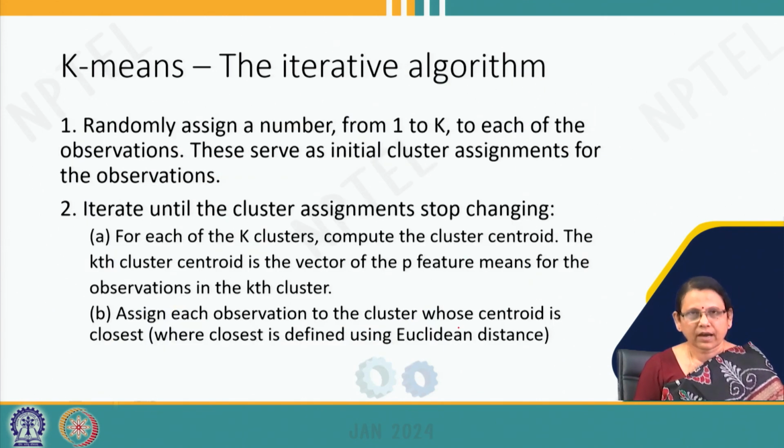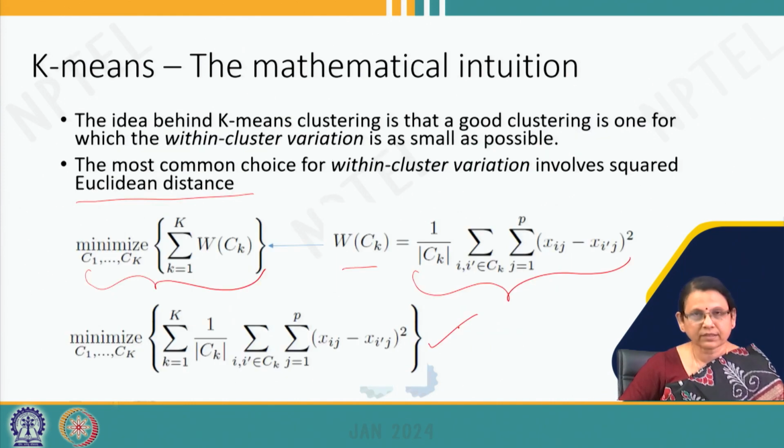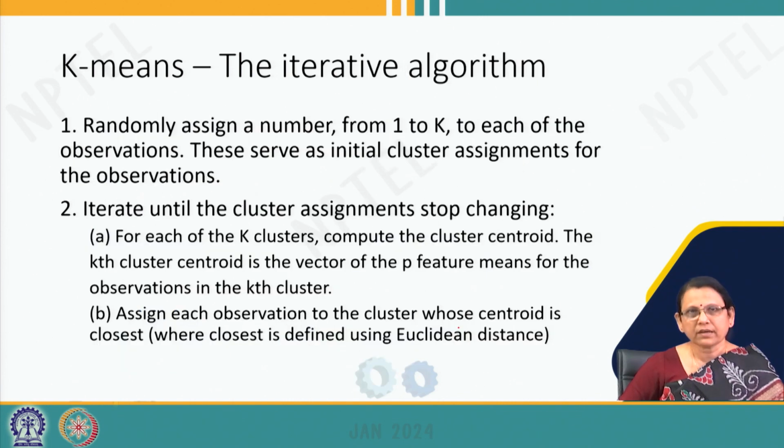This is the iterative algorithm for realizing this optimization problem. If you try to solve this optimization problem numerically, it will probably become complex, but there is a very efficient algorithm which solves it in an iterative manner.